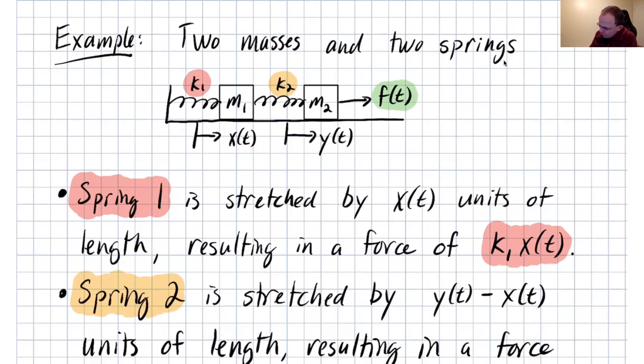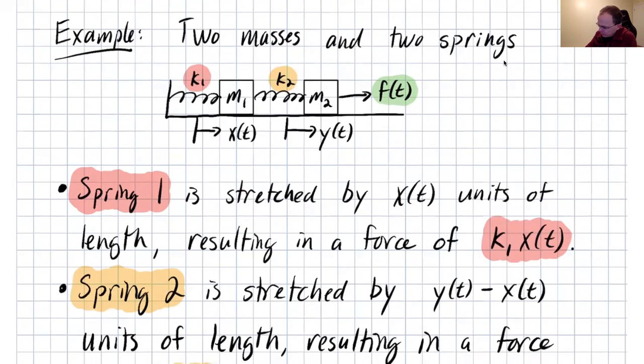And the resulting force is going to be the spring coefficient times that distance. So if x of t is positive, then this will result in a force to the left, pulling the mass back. And if x of t is negative, then that will result in a force going in this direction as the spring tries to push.